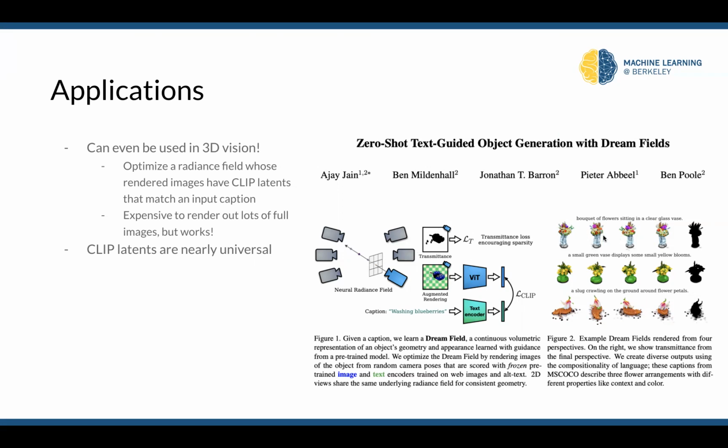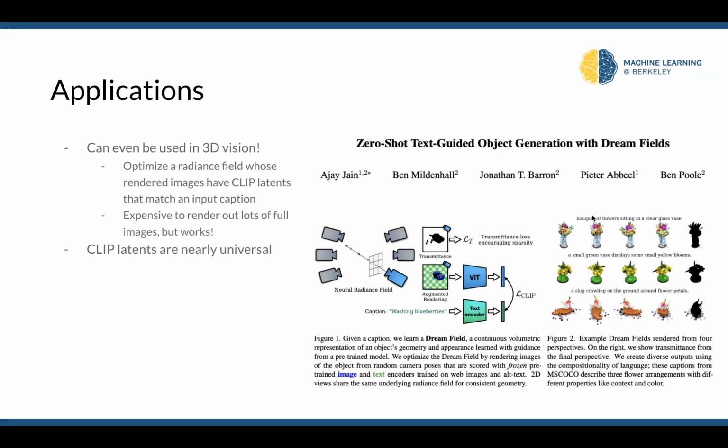And you can see some objects that were generated. A bouquet of flowers sitting in a clear vase was the prompt given here. And this was the radiance field that was optimized. I should note this is extremely expensive to do because rendering out images with neural radiance fields, as we talked about, is not cheap. But I think it's a really cool idea that demonstrates just how universal these CLIP latents are.